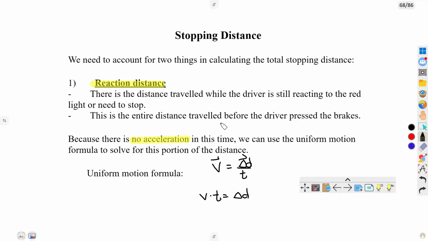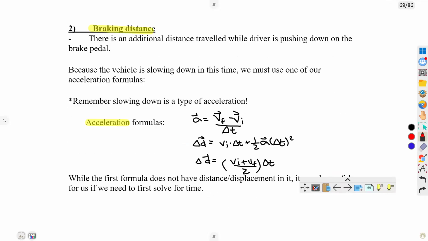A couple things we need to understand is that there is no acceleration during this time. We do not see slowing down at this point. That's not part of your reaction distance. So it's just going to be a basic change in distance or position, if you will, equals the speed times the amount of time that it takes.